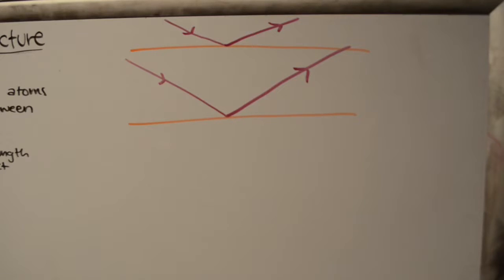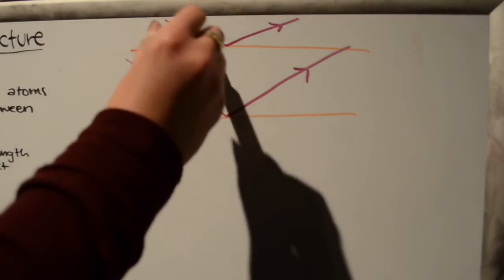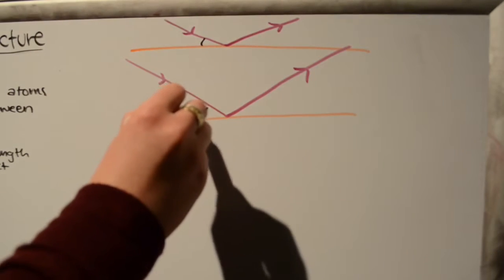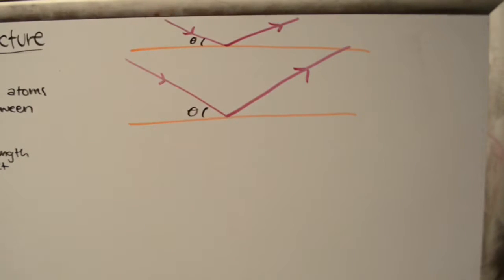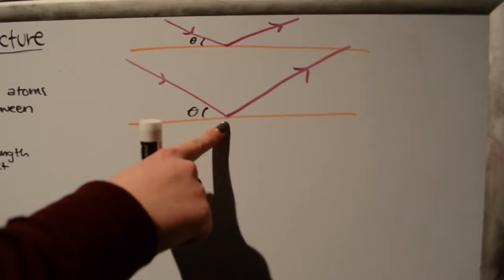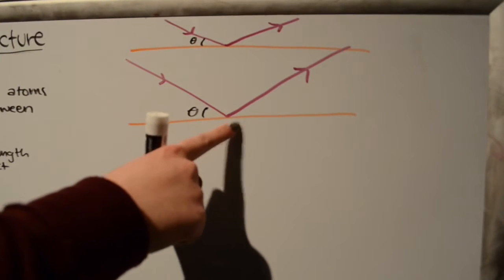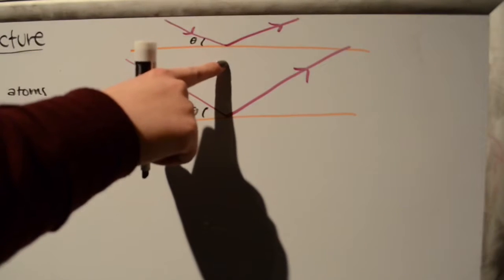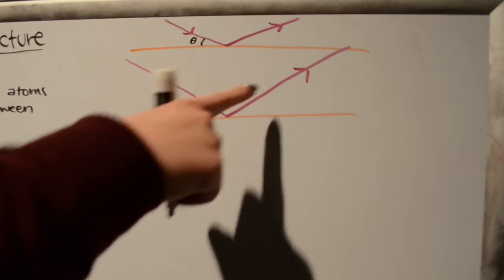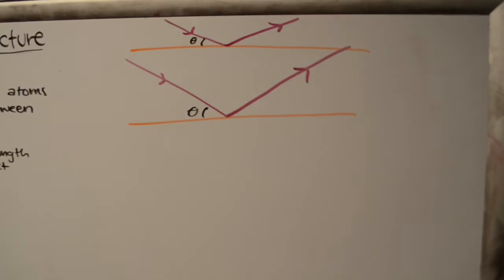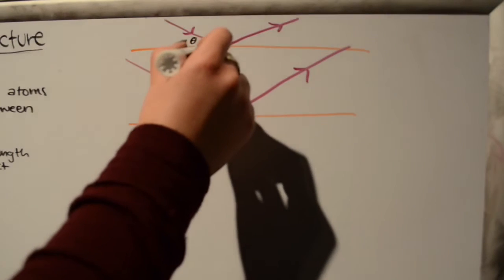And if they're parallel to each other and the planes are parallel to each other, these two angles are both the same, and we're calling those theta. We also know that the second X-ray gets diffracted after the first X-ray does, meaning that the second X-ray has to travel a little bit farther than the first X-ray.